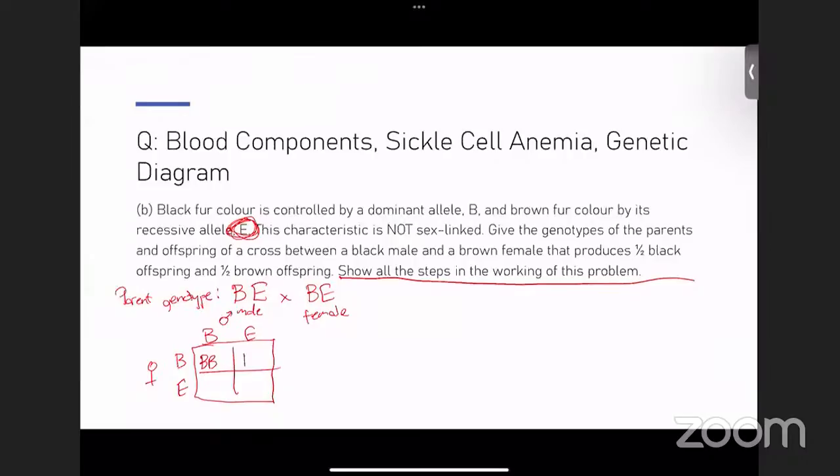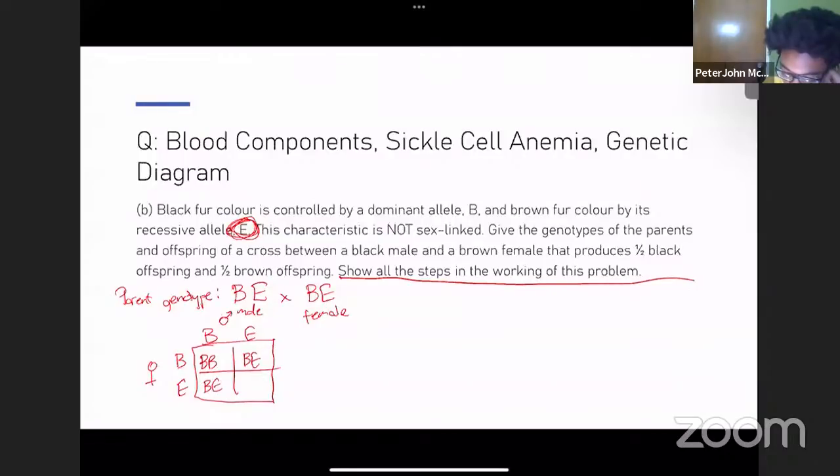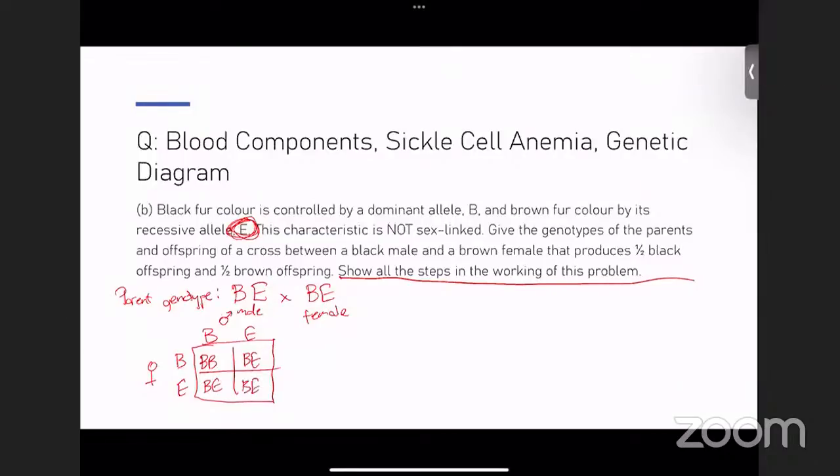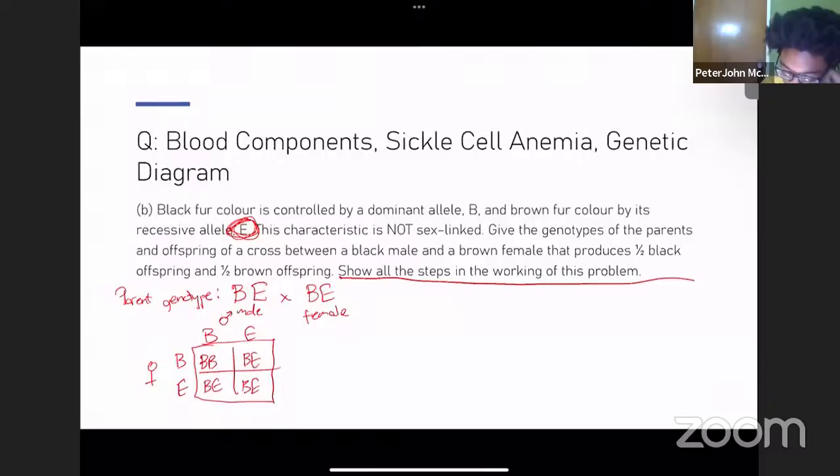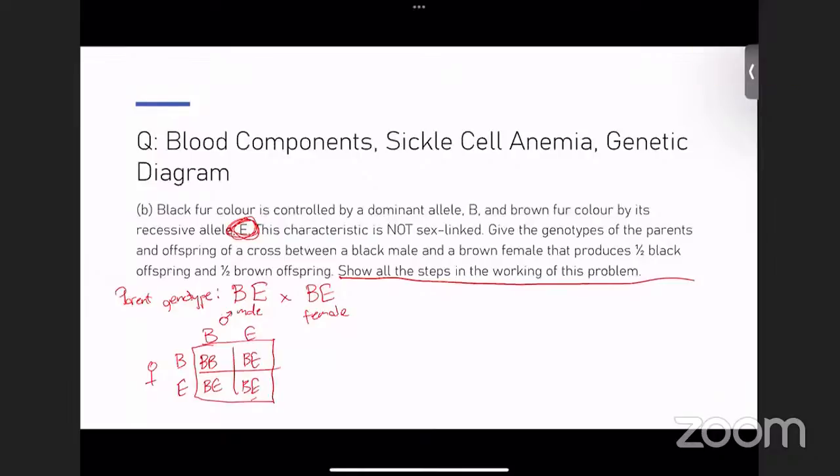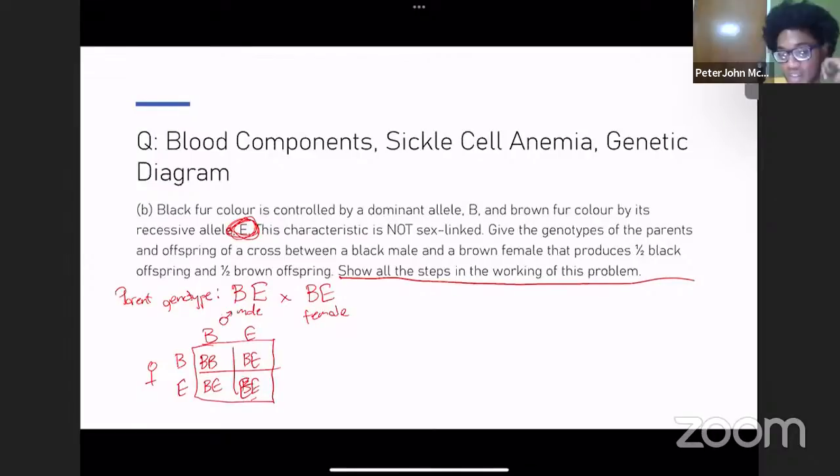BE. BE. Next box. BE. Next box. EE. All right, guys, so what do we have? BB, BE, BE, BE. So what do we do next? Oh, sir, EE. How do you have BE for the last one? Yeah, EE. That's my bad. I'm sorry. EE. So what do we do next?